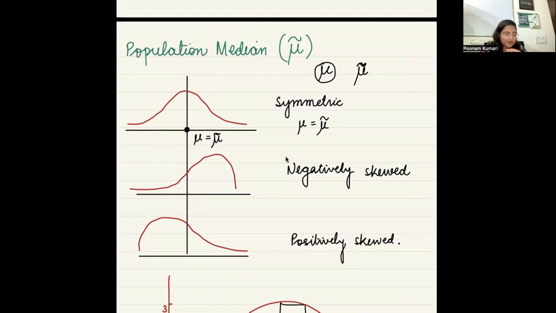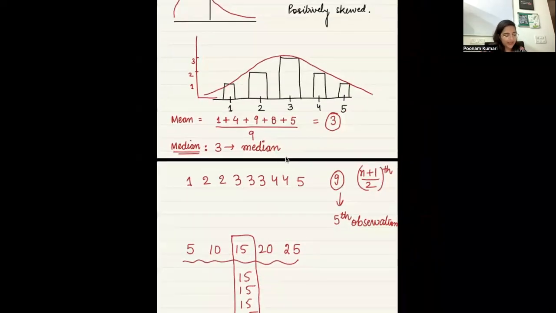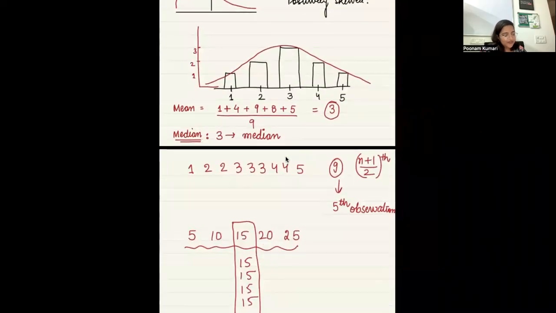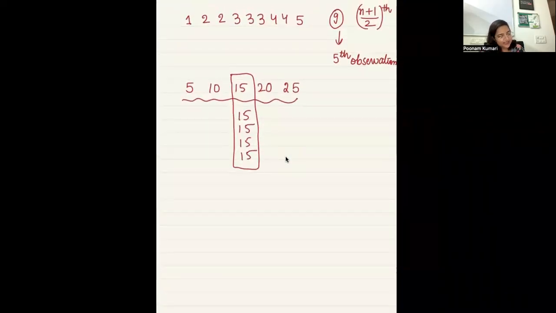Okay, all right. Let's take an example again. So instead of this, let's say we have this: one, two, three, four, five. And I have to make it negatively skewed.